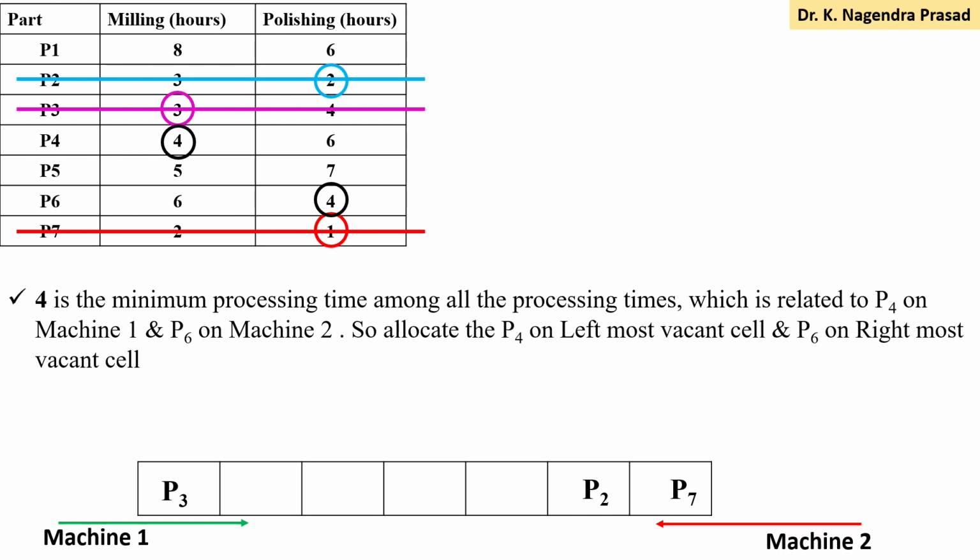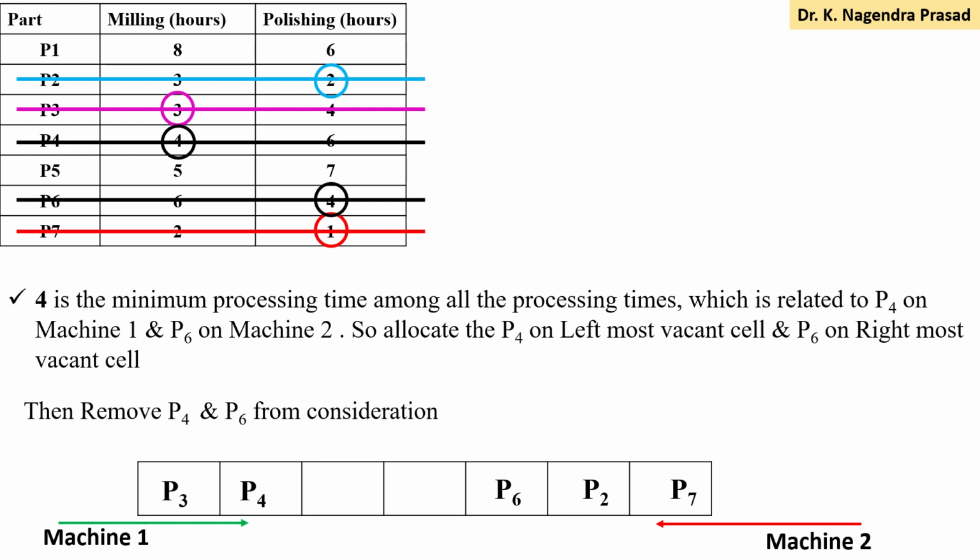So here there is a tie for the processing time on the 2 machines. In this condition, we allocate part 4 to the leftmost vacant cell and part 6 to the rightmost vacant cell. After that, we remove part 4 and part 6 from consideration.